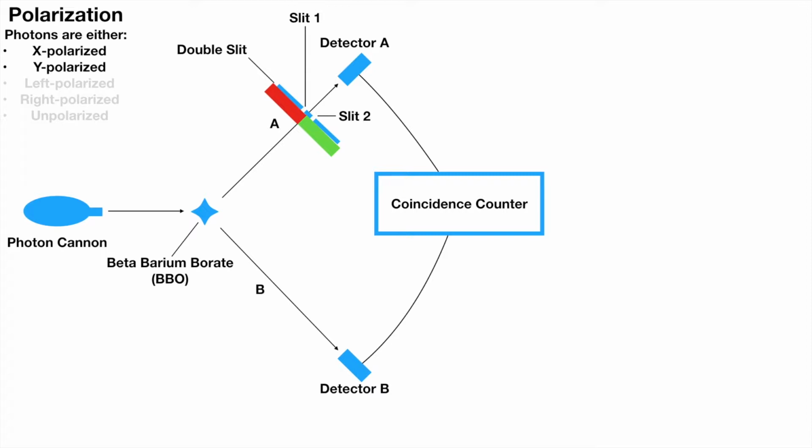What do these crystals actually do? Remember, we talked about the fact that the BBO crystal polarizes the photons to be X or Y polarized. These crystals also change the polarization of the incoming photons. Let's forget about the B side for a second, and let's just take a look at the A side.